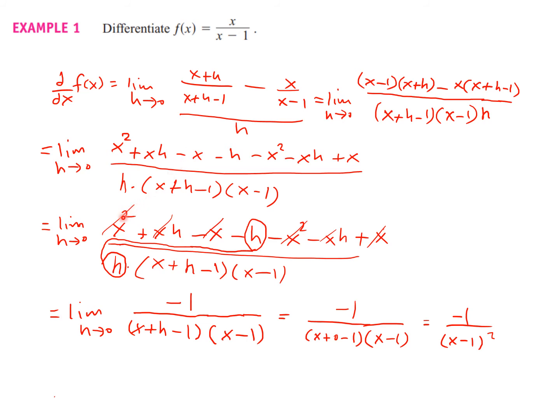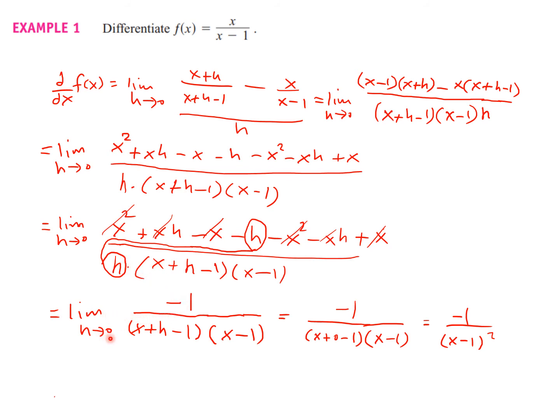So let's go ahead and cross out x squared with x squared, x with x, and xh with xh. The only thing we'll be left with is h in the numerator, but also we have h in the denominator. So these two h's will cancel each other and we will get this equation.